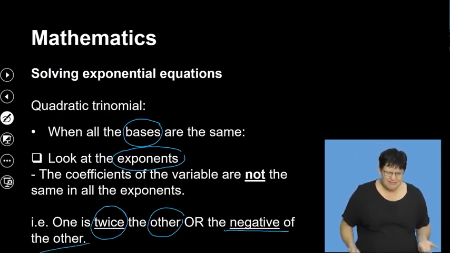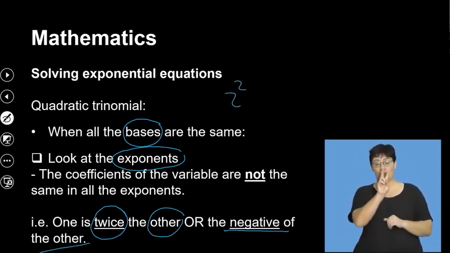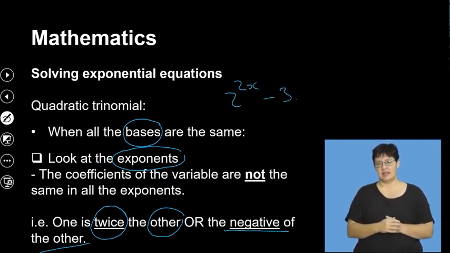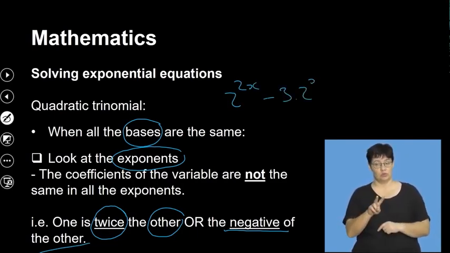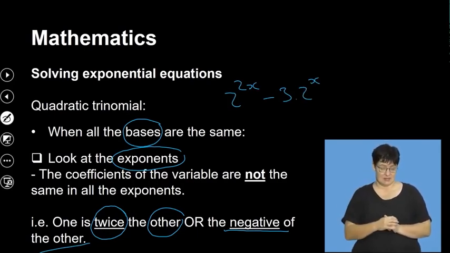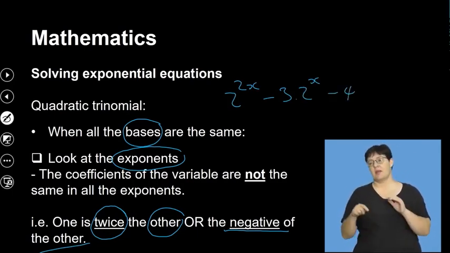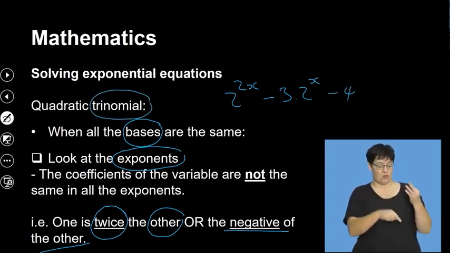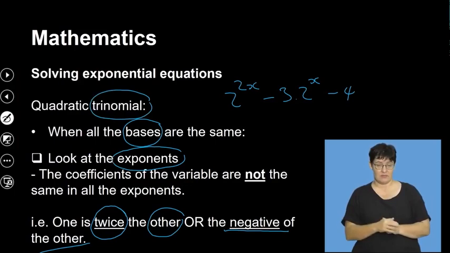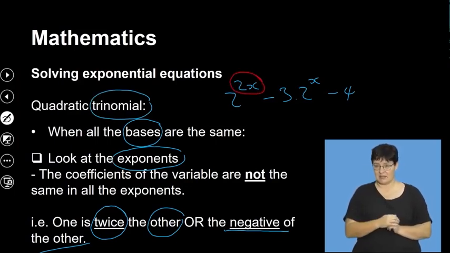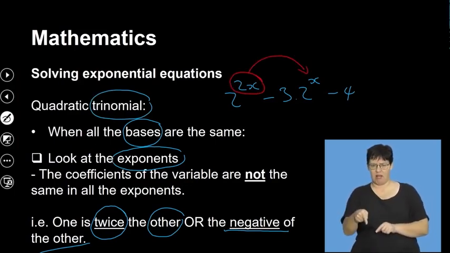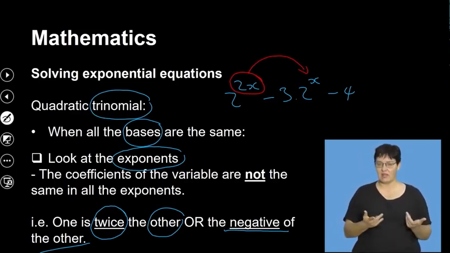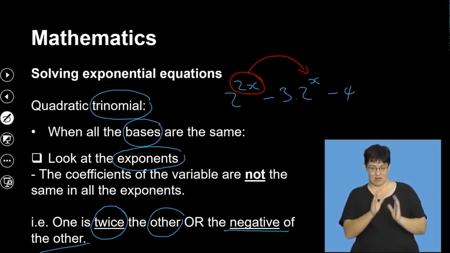What do I mean? It will be maybe 2 to the exponent of 2x minus maybe 3 multiplied by 2 to the exponent of x, and then maybe also minus 4. Because remember, it's a trinomial, so it's 3 terms. You can already see that my exponent here is 2 times that exponent there. 2x is twice x, and it's a trinomial. So that's the main thing that we need to look at.